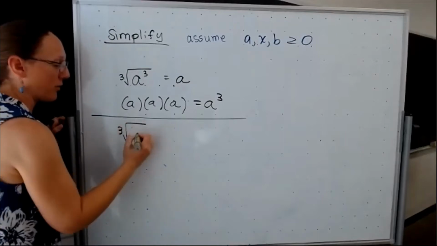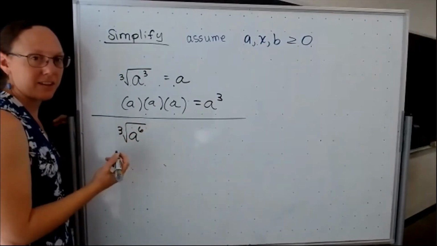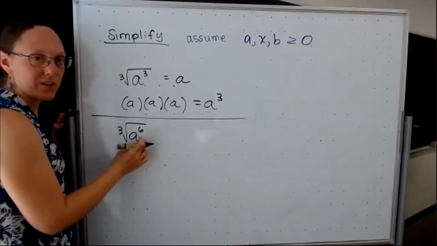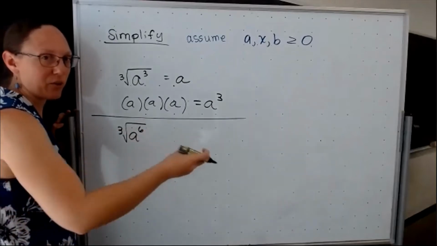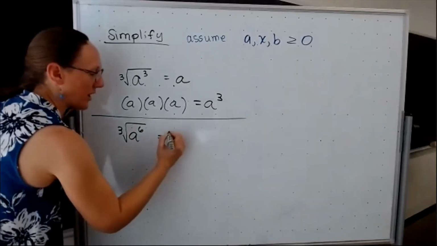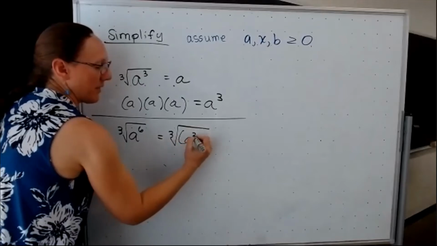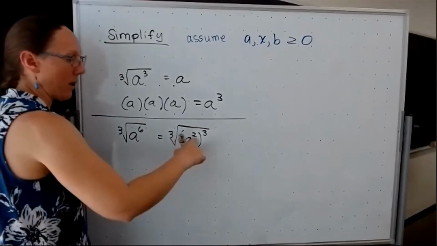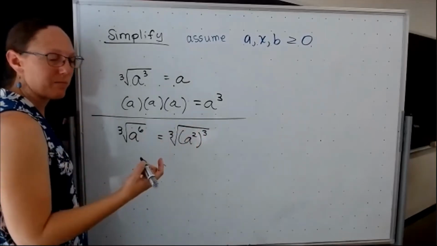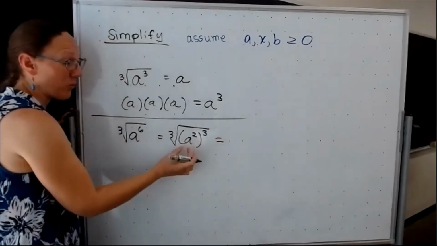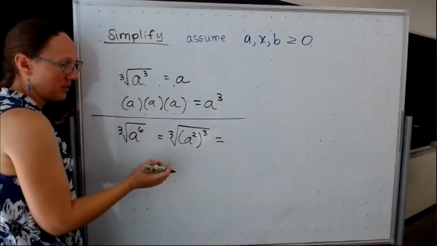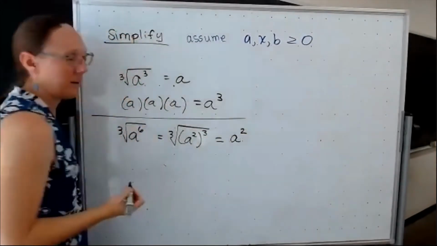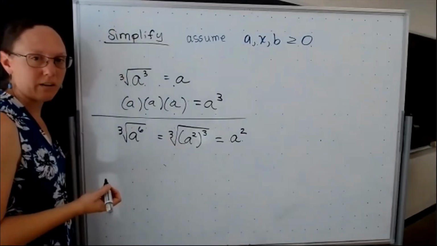If I wanted the cube root of a to the 6th, this is asking, is there a way to rewrite a to the 6th so that it is something times itself 3 times, or so that it is something cubed? Remember, powers raised to powers, we're going to multiply those. And if I can write it as something cubed and then take the cube root of it, we get back here to the a squared.